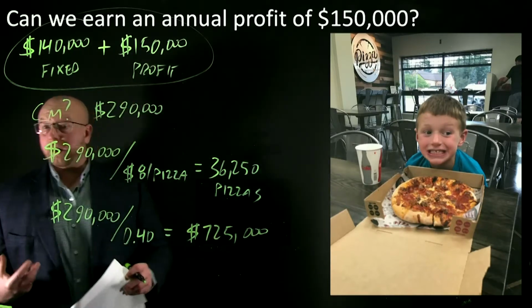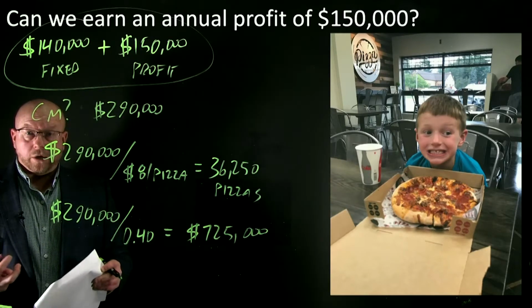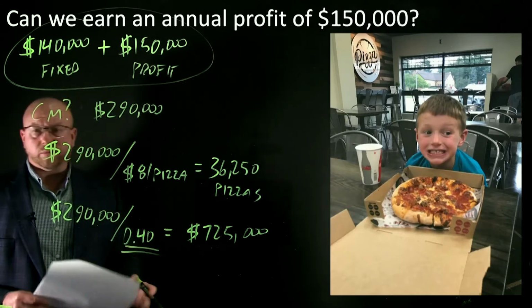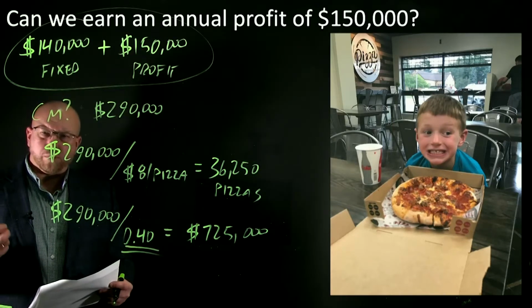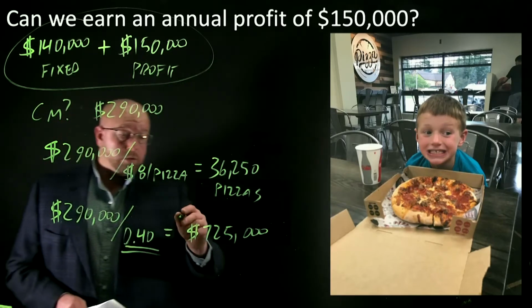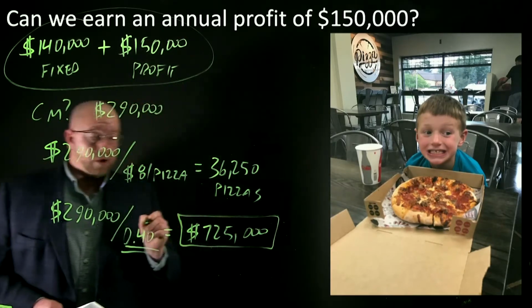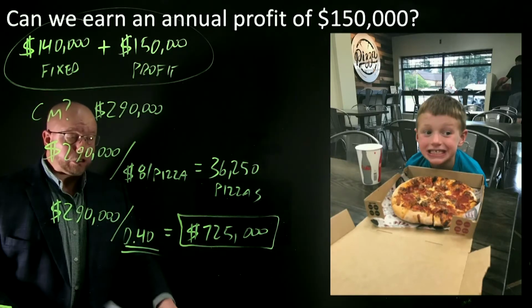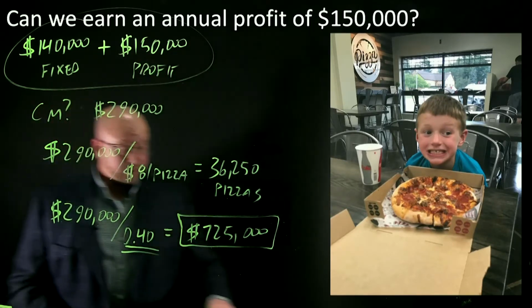So in a multi-product setting, where you have a mix of products and maybe you can come up with an average contribution margin ratio, but it may not be appropriate to look at it per unit, you can easily figure out that we need to generate roughly $725,000 of sales revenue in order to generate $150,000 of profit.